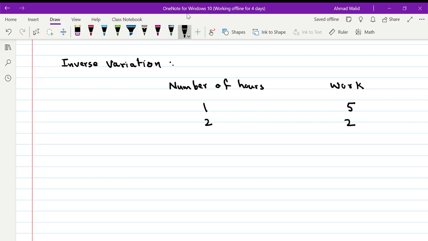This will be a good example to explain the inverse variation. Then, if I name one of my quantities y, the other one x, then y equals k over x will be the formula for the inverse variation. Again, k here is the constant of variation, y and x are your quantities. Correct? Let me do an example for you.